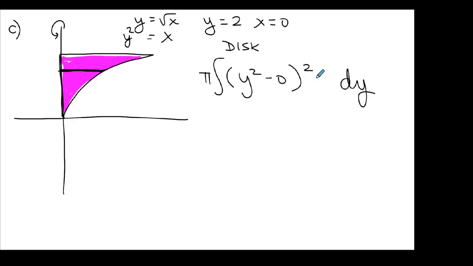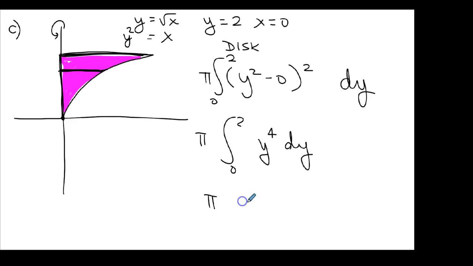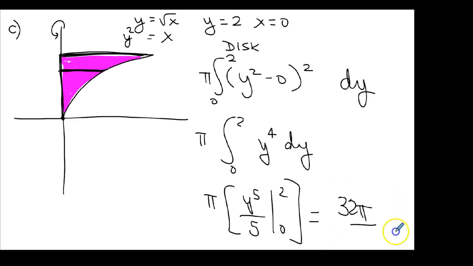Right minus left. I'm going from 0 to 2, which is the line y equals 2. So I can do y to the 4th dy, which is y to the 5th over 5, which is 32 pi over 5. That's not what you got the last one. Yes, it is.